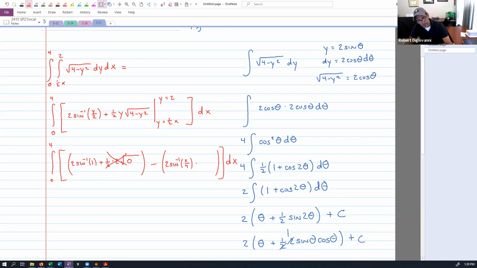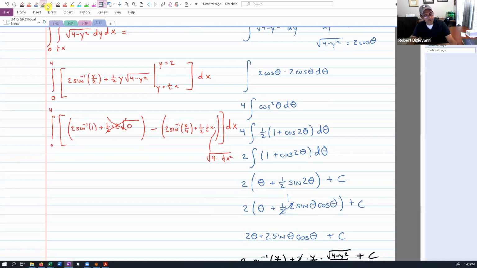And then we have plus, I'm going to definitely run out of room, 1/2 y, which is 1/2 x, times the square root of 4 minus 1/2 x squared, which is 1/4 x squared. I'm looking at this and I'm really not happy about this.